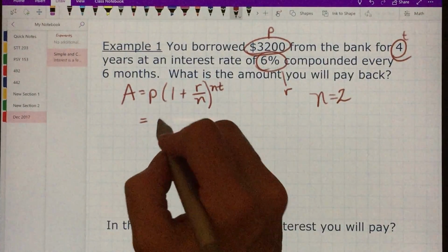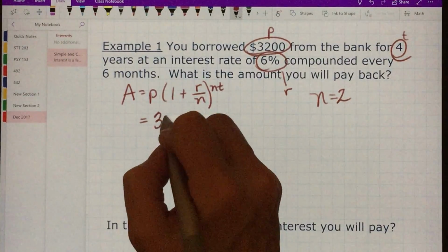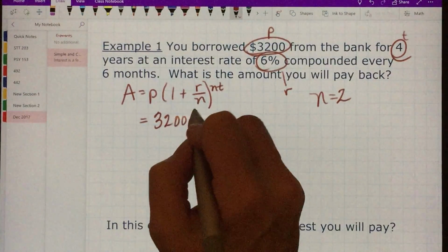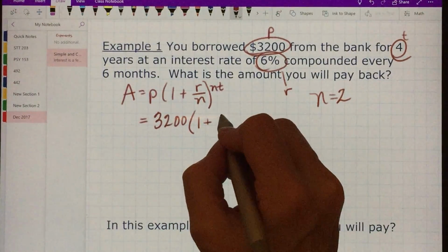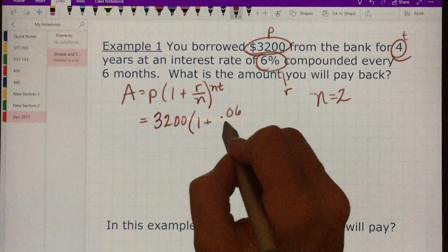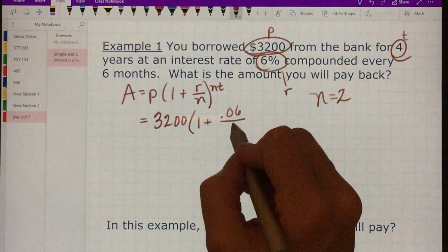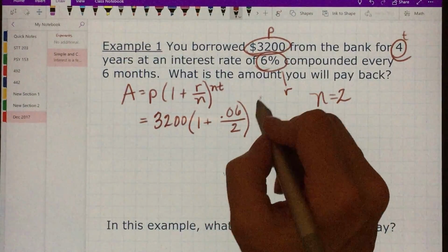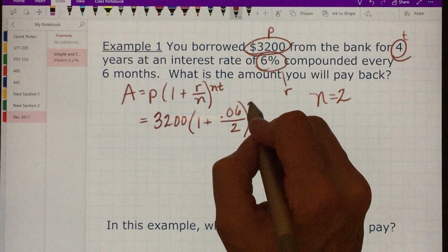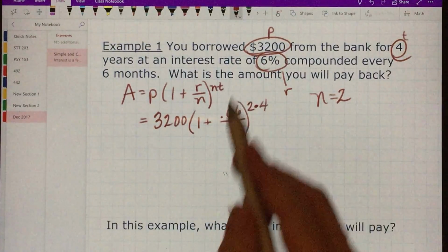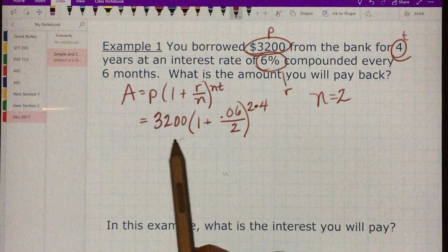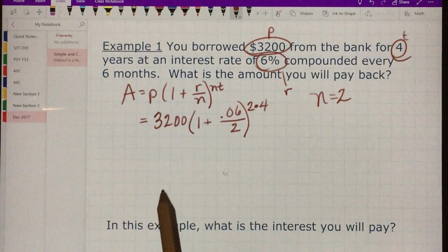So let's plug this all into our formula. The principal, 3,200 times 1 plus R. I'm going to rewrite that percentage as a decimal over N to the N times T. Now, this can be worked out in your calculator, and this will be the answer for this example.